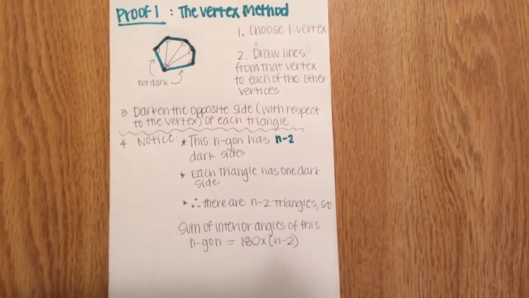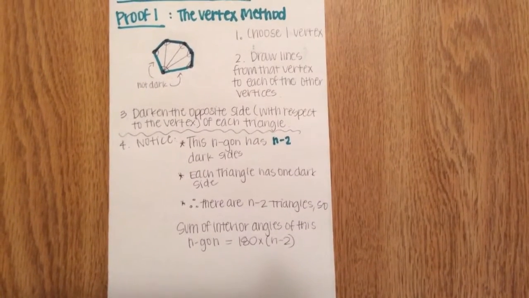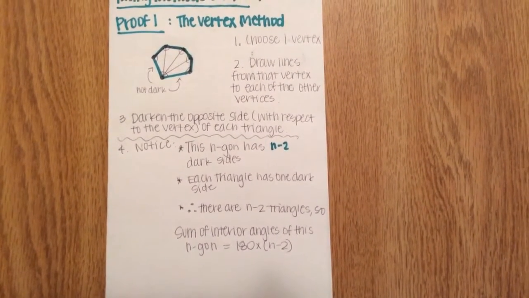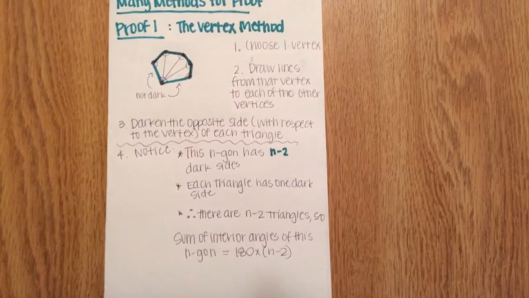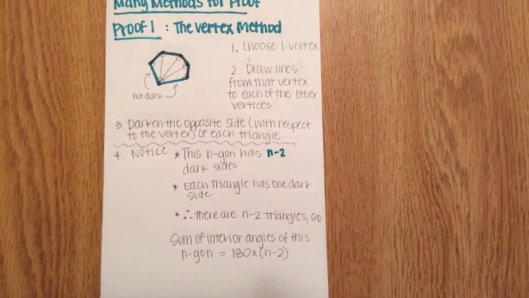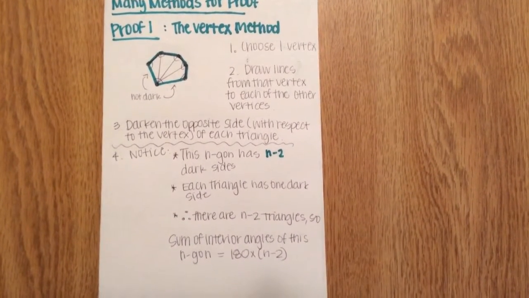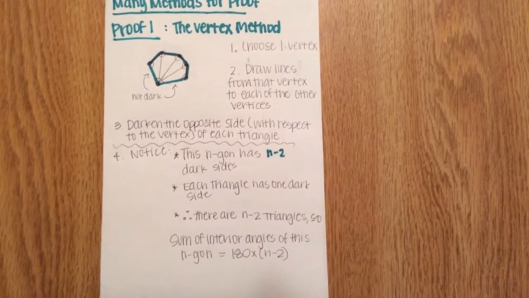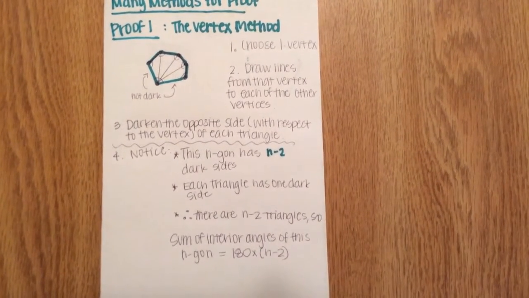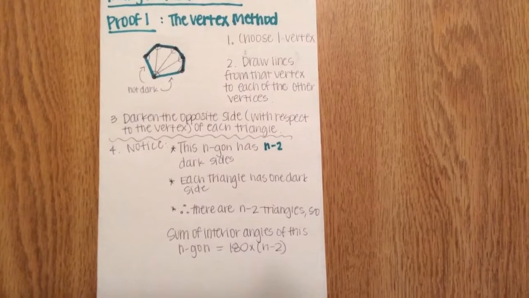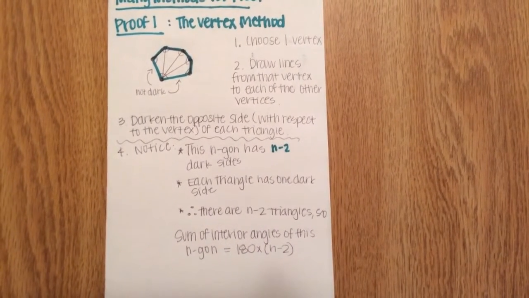So as we notice in step 4, this n-gon has n minus 2 dark sides. So we have a certain amount of sides in total minus the 2 not dark sides. And each triangle has 1 dark side, as you notice. And so therefore, there are n minus 2 triangles.